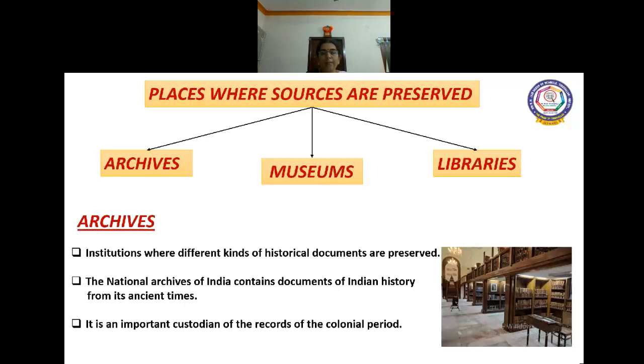Even now, we can get evidence, letters, documents, or memos sent from one department to another department of the British period from these archives. It is an important custodian of the records of the colonial period. So we can have some important records or documents by visiting these archives.